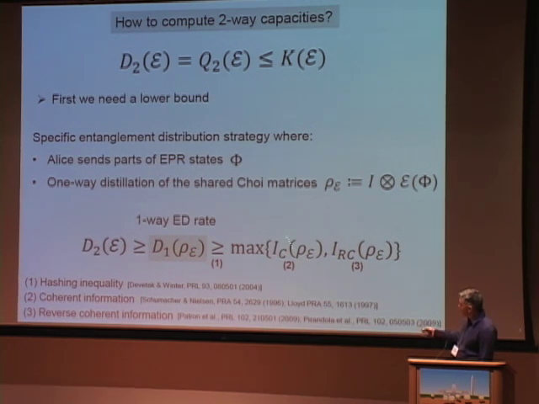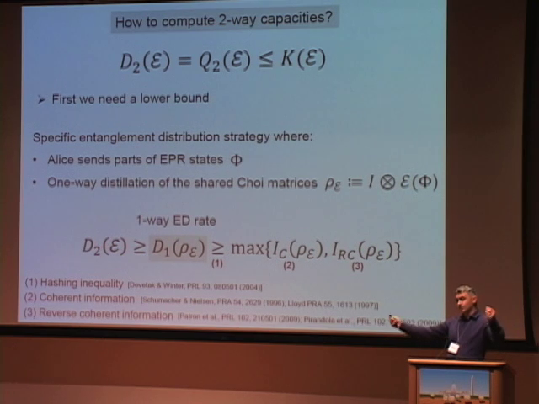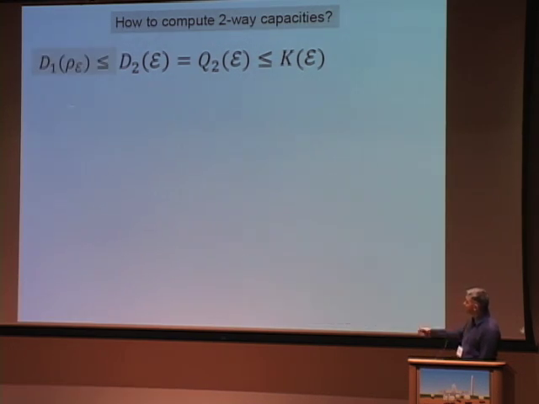These are the coherent information and the reverse coherent information of the Choi matrix. So you have this state, the Choi matrix, you compute the coherent information and the reverse coherent information of that, and the maximum gives you a lower bound. And you can compute this, because it's just computing von Neumann entropies on a state. So that's good. We have a lower bound.